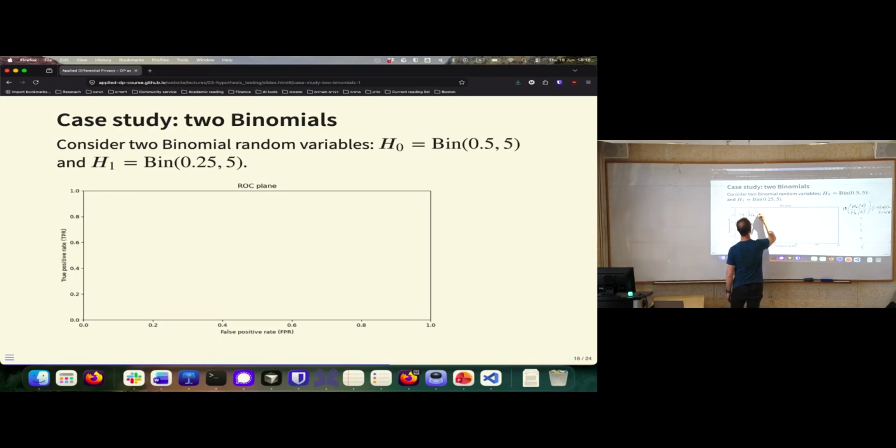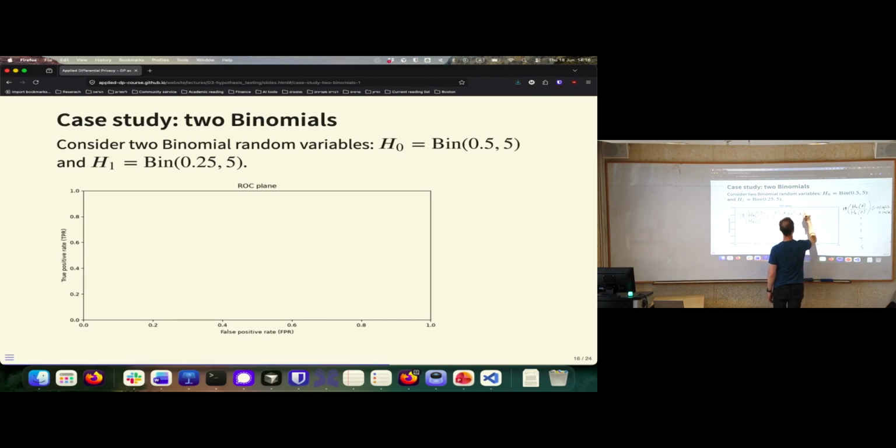h1 of I over h naught of I is 5 choose I times 0.25 to the power of I times 1 minus that.